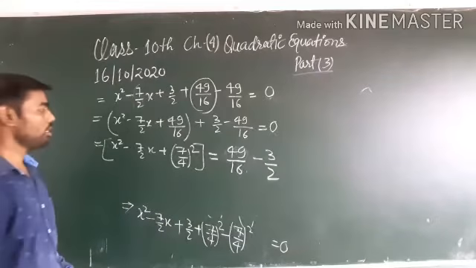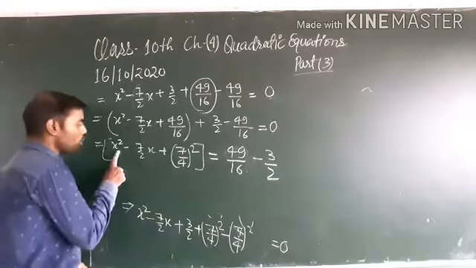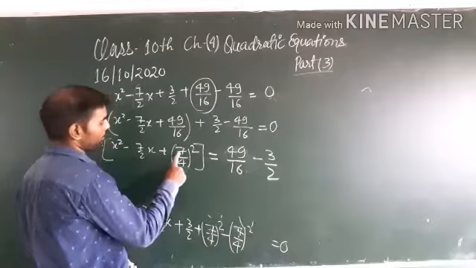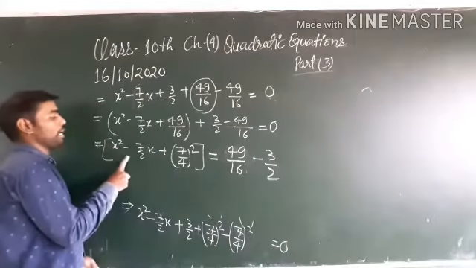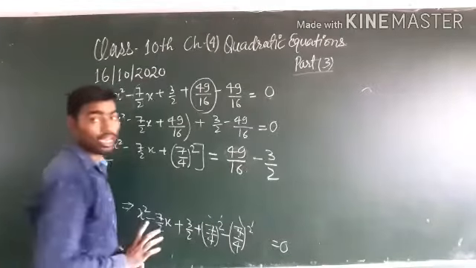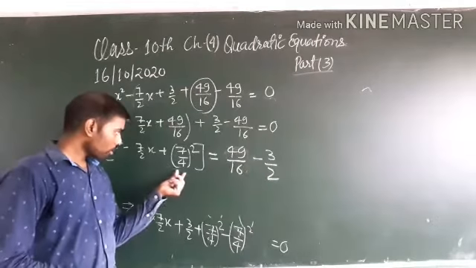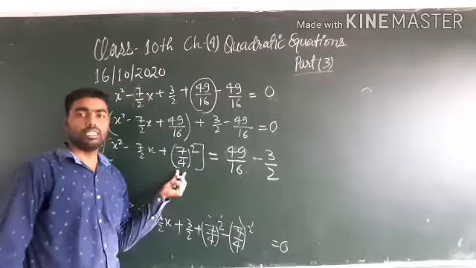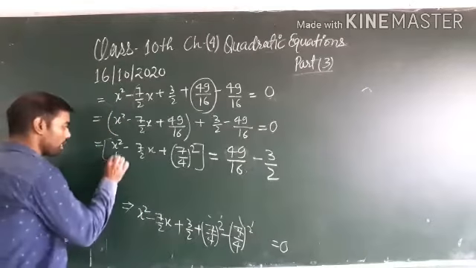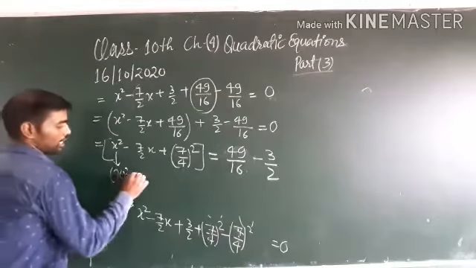This is an easy step. Now x square minus 7 by 2x plus 7 by 4. So this is a square minus 2ab plus b square. Here this is a square, this is a square and this is b square.